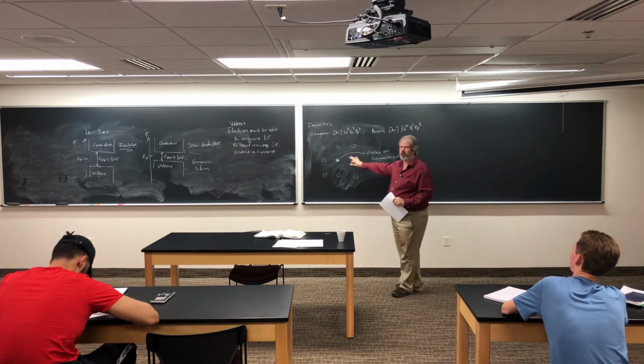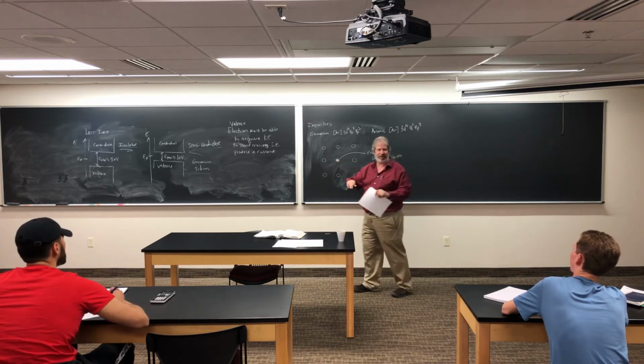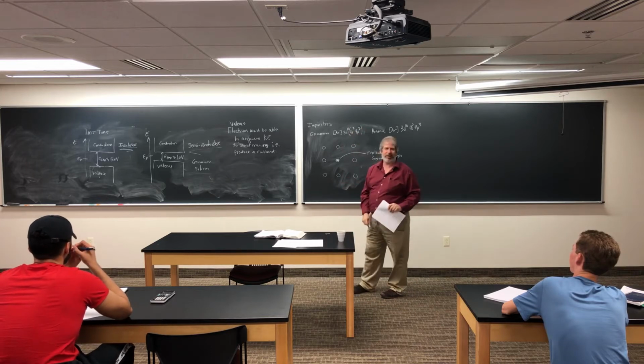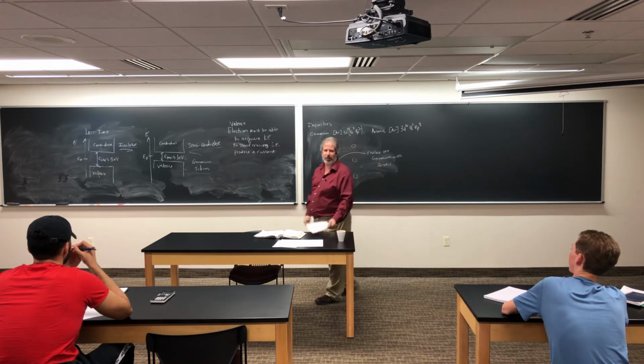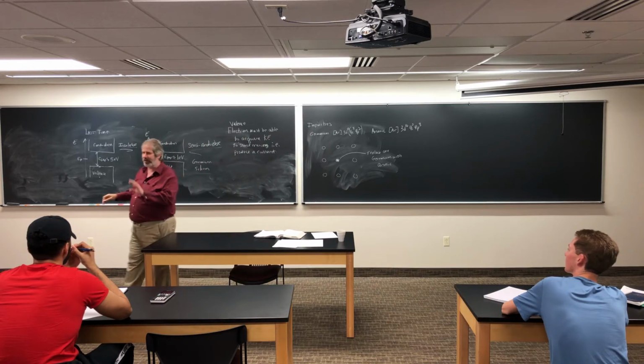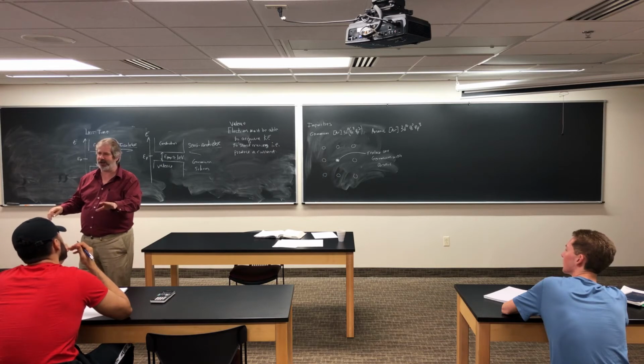So we have all these germanium atoms sharing their electrons, making covalent bonds with 4 electrons each. Then suddenly you put in this arsenic atom, and it has an extra electron.